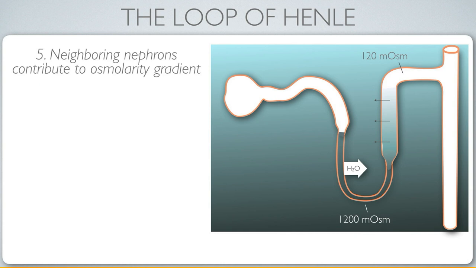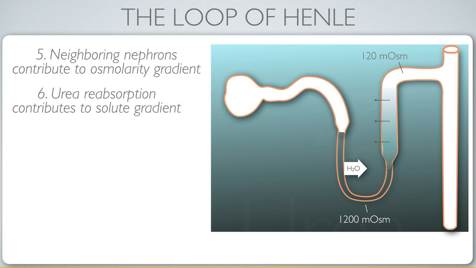Now, for osmolarity, all that matters is that we've got particles in solution. It doesn't matter what the particles are composed of. And this gradient is created not just by sodium and chloride, but also by urea. Urea is a waste product of the metabolism of proteins, and it gives urine that lovely smell that we're familiar with.